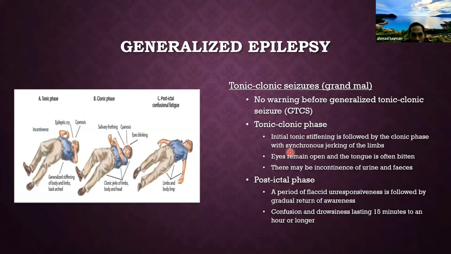What happens during the episode is an initial tonic stiffening followed by the clonic phase with synchronous jerking of the limbs. The eyes remain open and the tongue is often bitten. There may be incontinence of urine and feces. After some time, a period of unresponsiveness is followed by gradual return of awareness, and the patient will be confused and drowsy, lasting for about 15 minutes to an hour or longer.